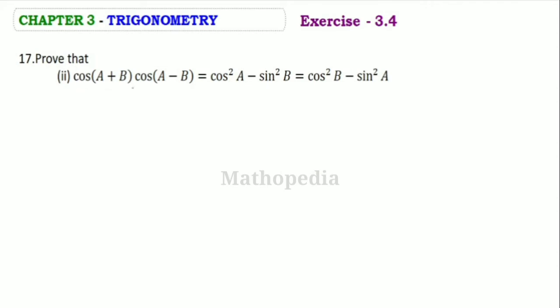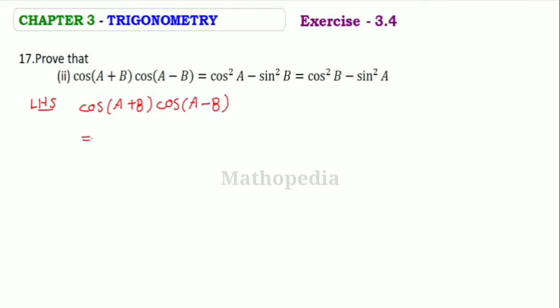Second subdivision: cos(A+B) into cos(A−B) is equal to cos²A − sin²B, which is equal to cos²B − sin²A. Take the left hand side, cos(A+B) into cos(A−B).